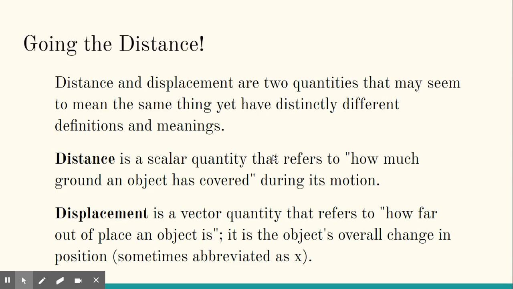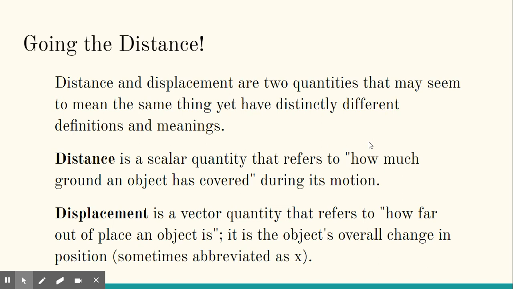So let's talk about one scalar and one vector quantity. You may have talked about distance and displacement before, and how they seem to be very similar, and sometimes they are, but we're going to deal with many scenarios when they are not the same.